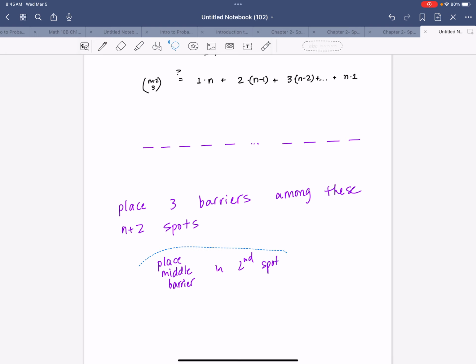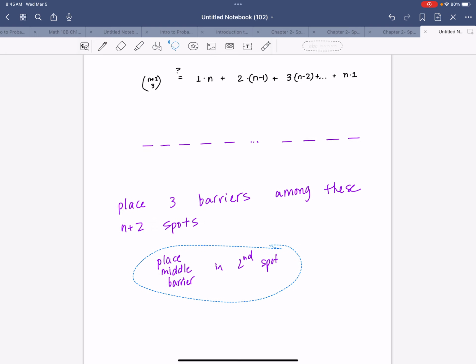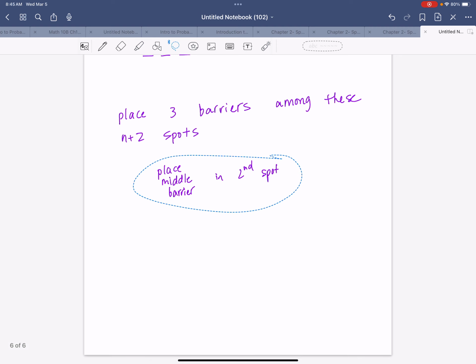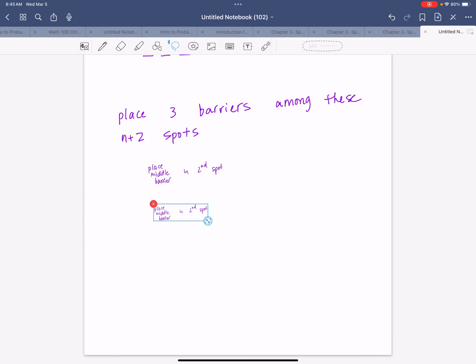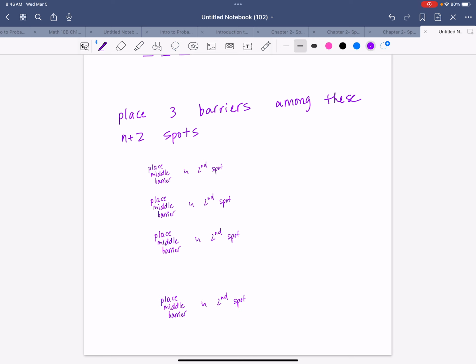Or you can place it in the third spot. Let me resize. So second spot. Or the third spot. Or the 4th spot. All the way down to the n plus 1st spot.